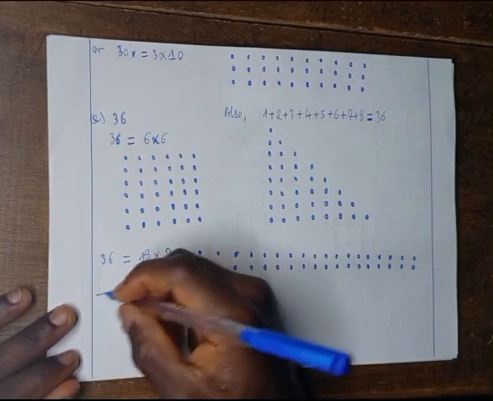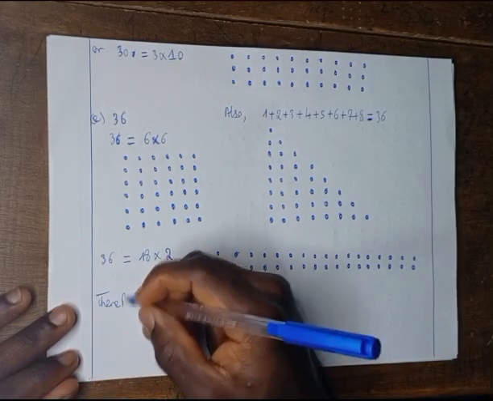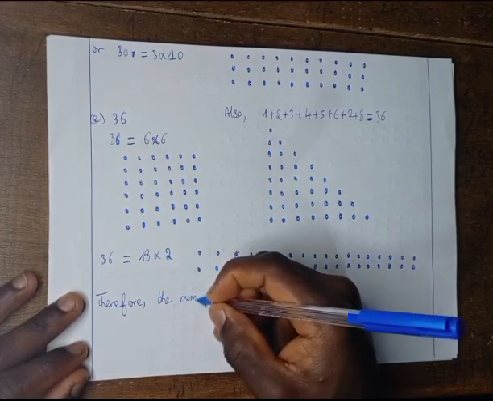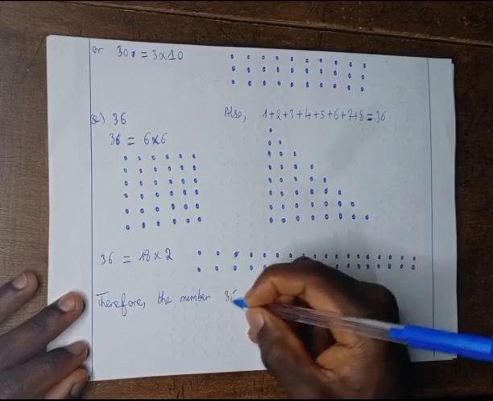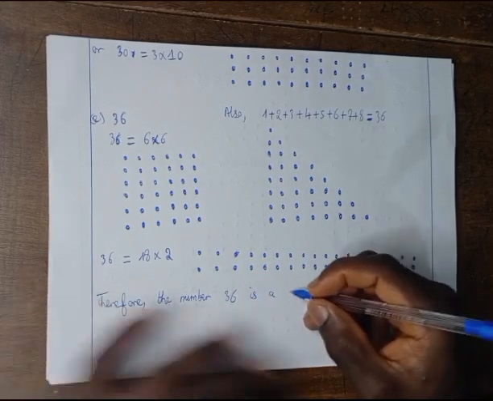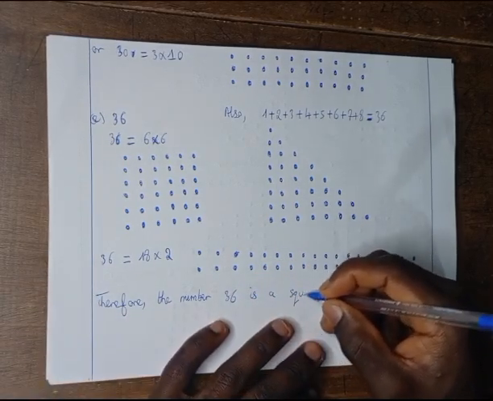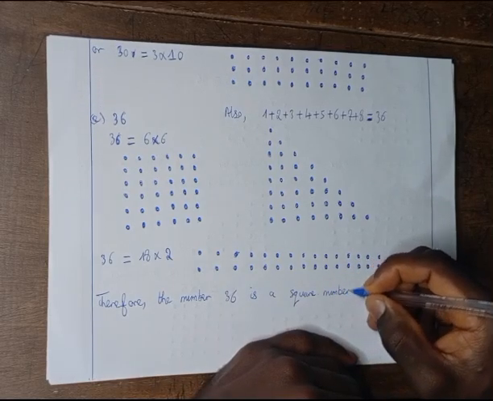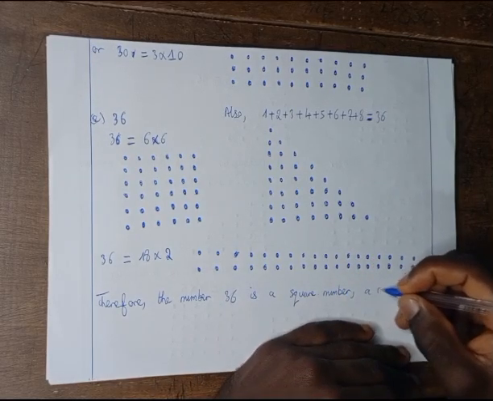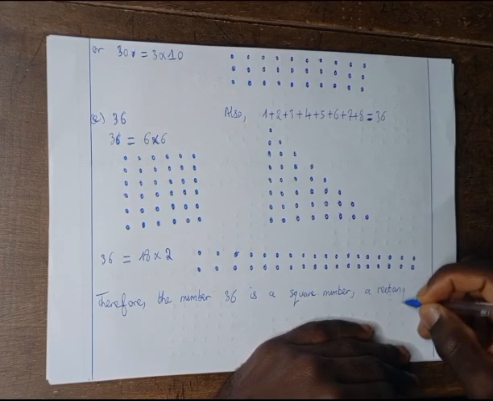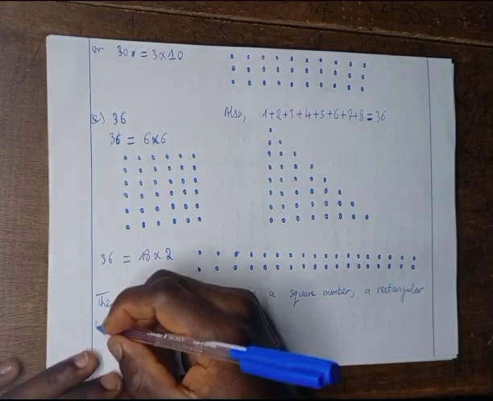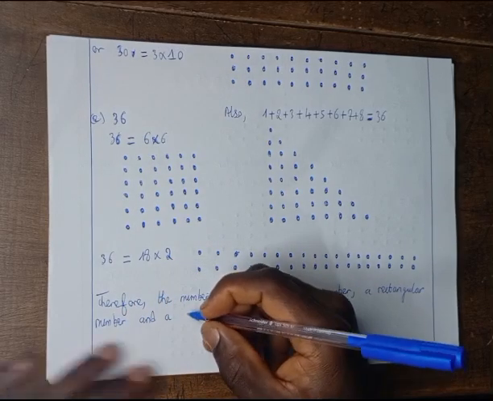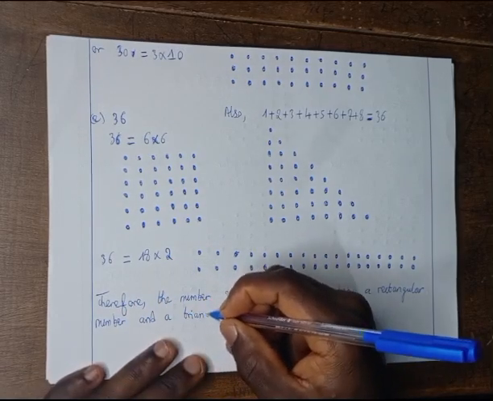We are going to conclude, therefore, the number 36 is a square number, a rectangular number, and a triangular number.